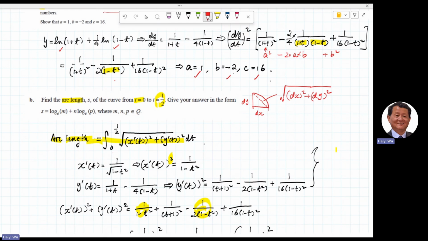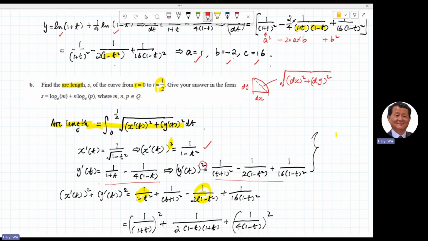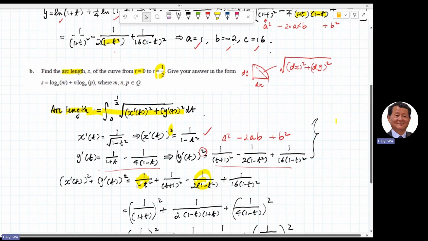So that's the first step. The derivative of y with respect to t is the same thing we just did before. Then if I square it, that's expanding the perfect square formula, a squared minus 2ab plus b squared, which I did before.